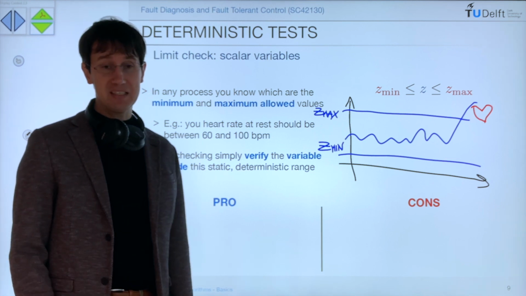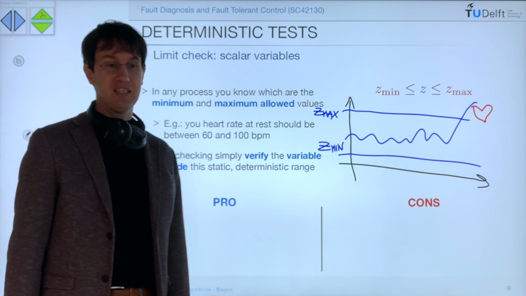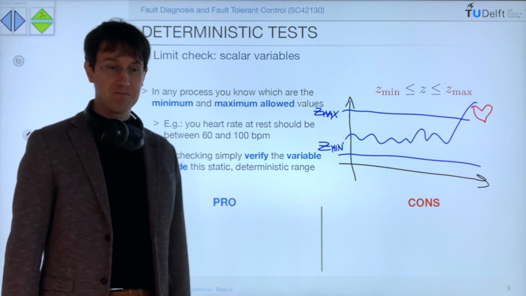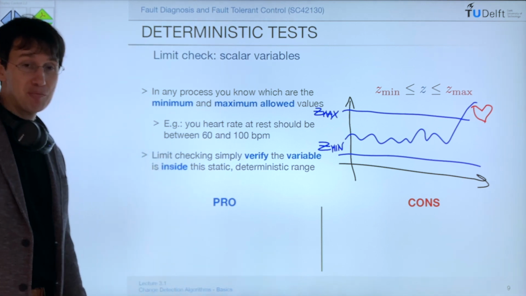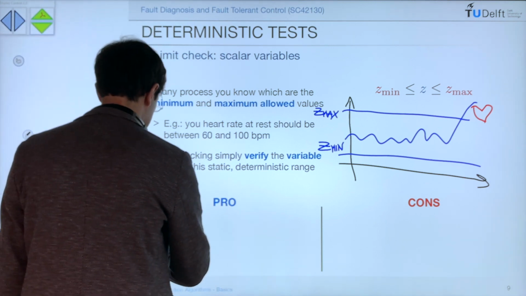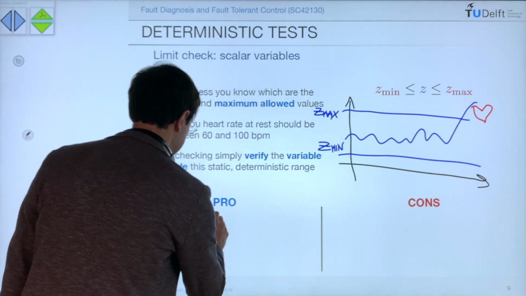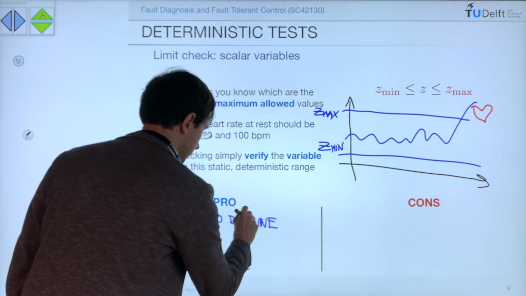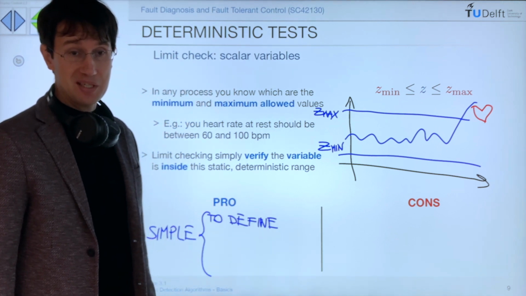So this tells us immediately what are going to be the advantages and disadvantages of using this approach. The advantage is that this approach is simple. It is simple in two ways. It is simple to define, so it didn't take so much effort from our side to define it.